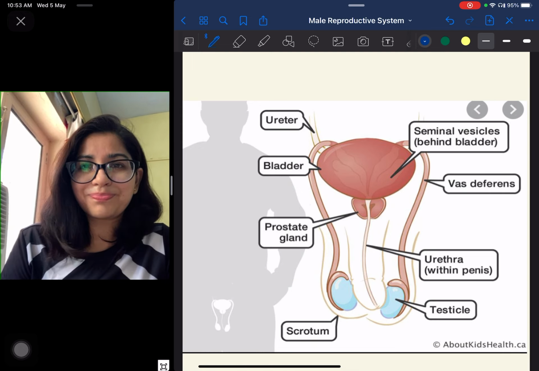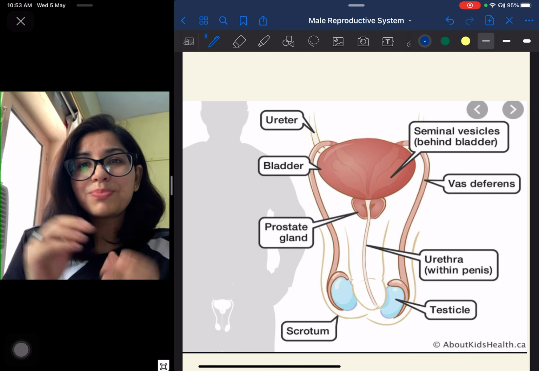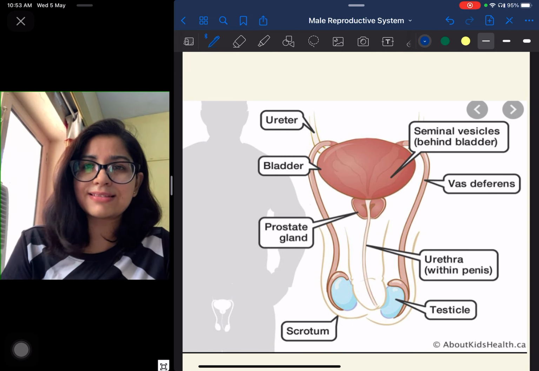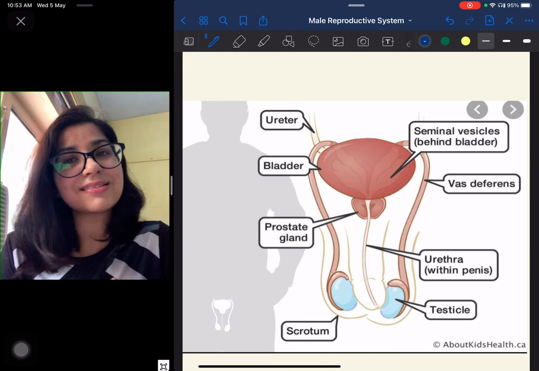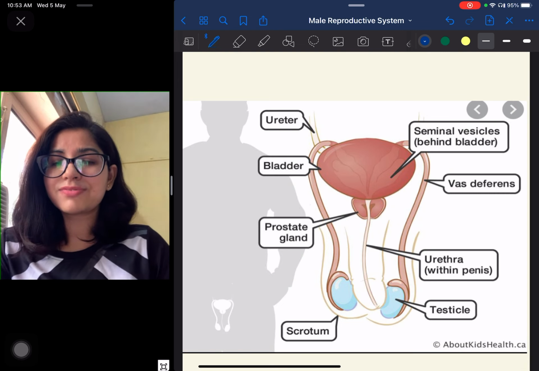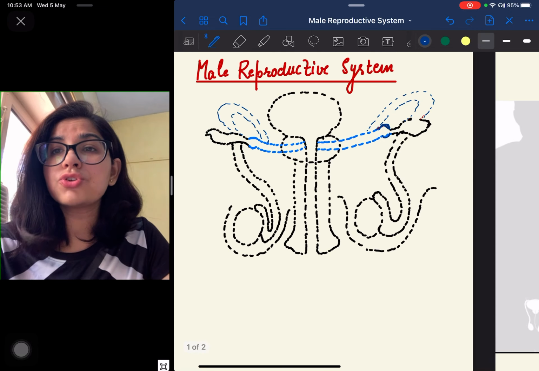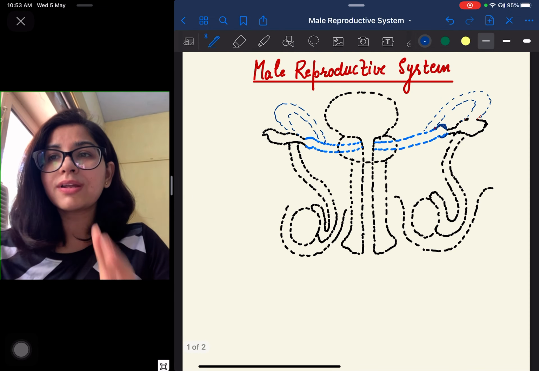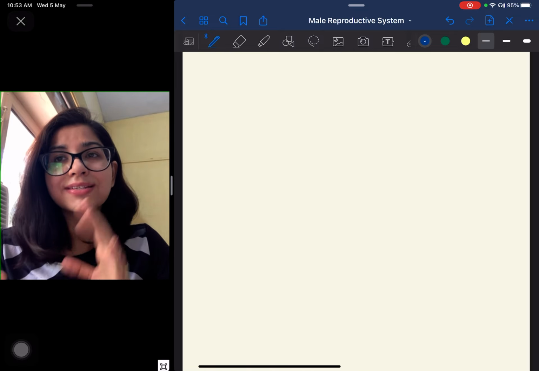How to draw? You can draw a diagram in a very beautiful way when you know the things, right? Now we are saying male reproductive system. First, you should know what are the things which you are going to draw in your diagram.